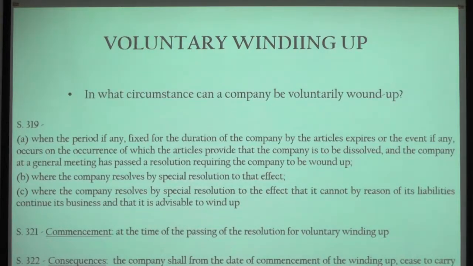The second situation is where by special resolution the company resolves to be dissolved. That could be a situation where a company has obtained a certain profit after which the shareholders don't want to continue with the company.